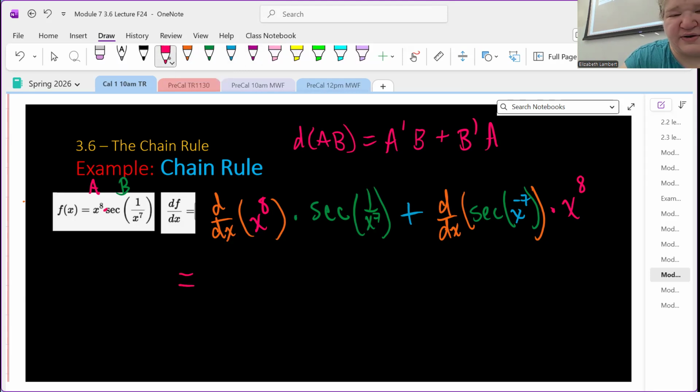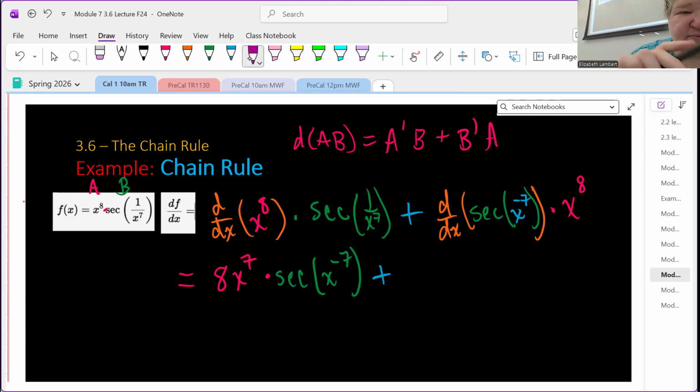All right, so our derivative of x to the 8th is 8x to the 7th. And now our derivative of the secant, we're going to have a product rule. So we do derivative of secant first, which is secant tangent.